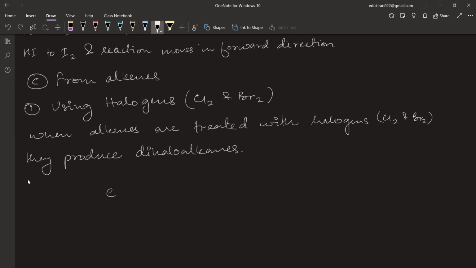That means if I have C double bond C, there will be two groups attached to the double bond carbons, and I use X2. This X will be what? Chlorine or Br. Then I will be getting carbon, single bond carbon, and there will be X here and X here. Write this down, let me know when you're done.